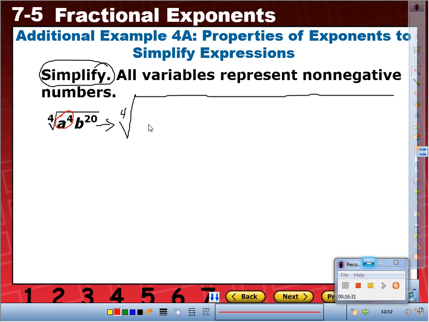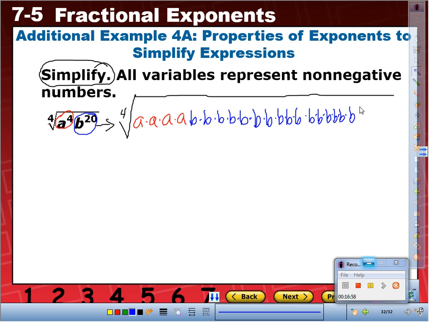This one becomes A times A times A times A. Is that correct? This one becomes B times B times B times B, and so on, ten B's in all.